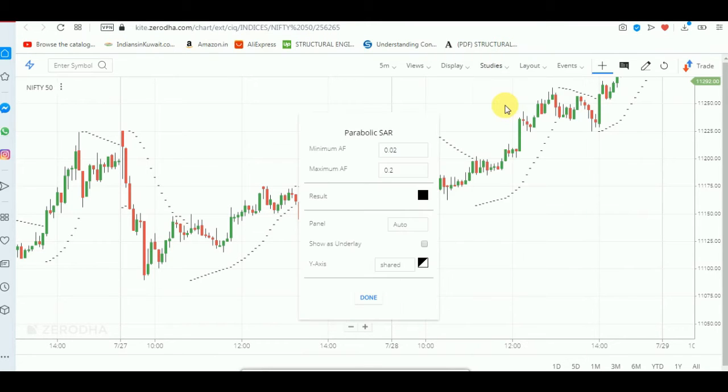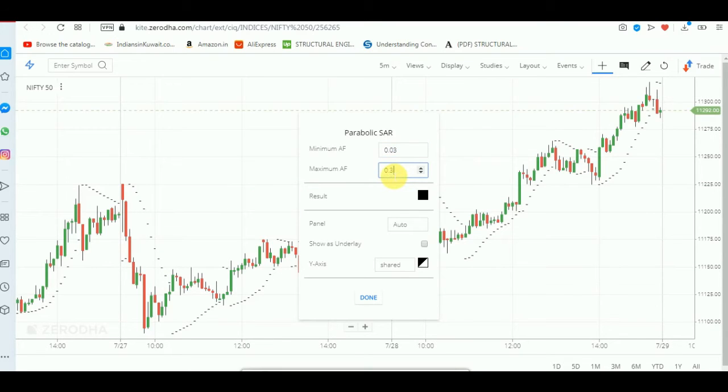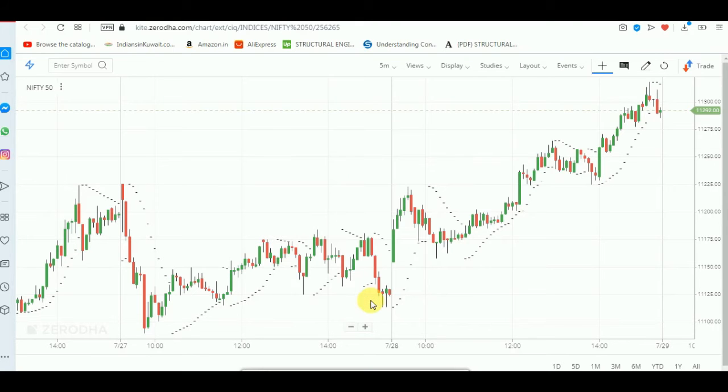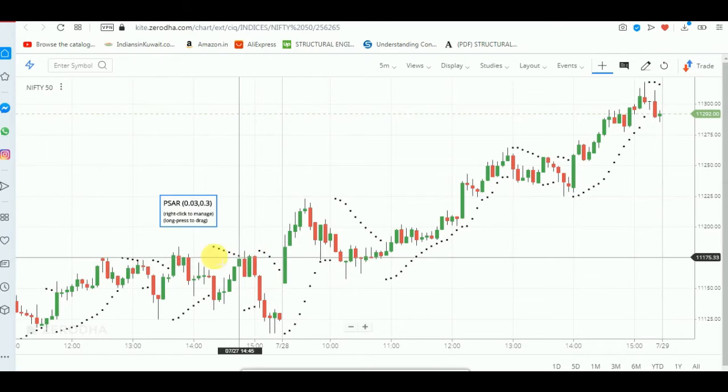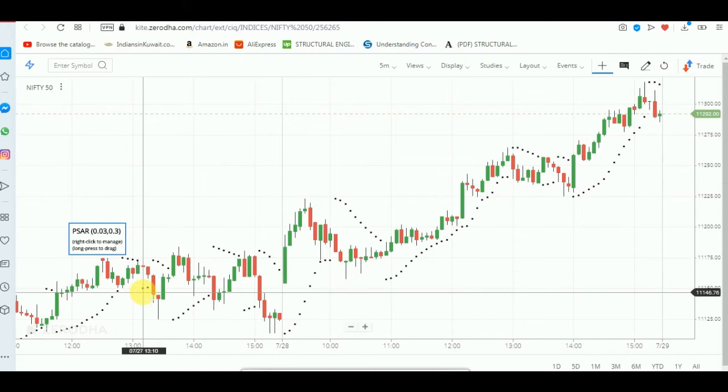Even if you want to change the minimum AF and the maximum AF, the acceleration factors, you just see here, I am changing these values. What will happen? Let us see. So now it has generated so many false signals, right?